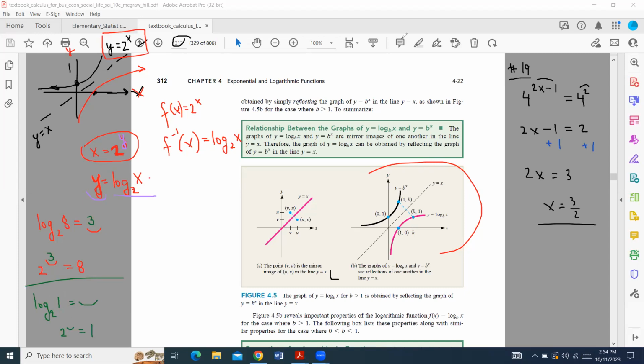So what is the power that I have to use to raise 2 to produce number 1? Is that 0? Isn't it? 2 to the power of 0 is equal to 1. So this logarithm is 0. So logarithms are powers. That's what we, I guess, need to know and carry out from this section.